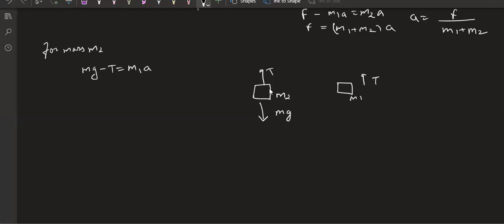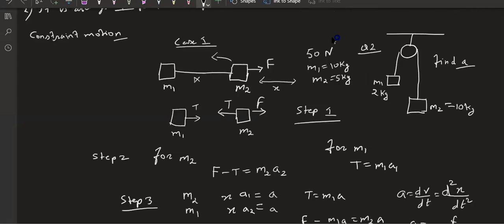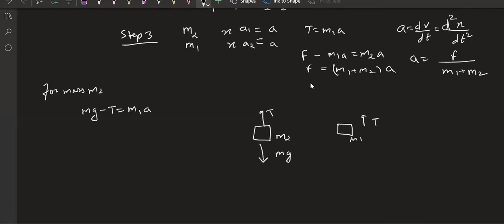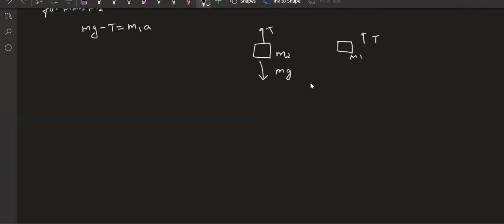Because the length of the string is constant. It is not expanding. So that is the first equation. This is M1g.